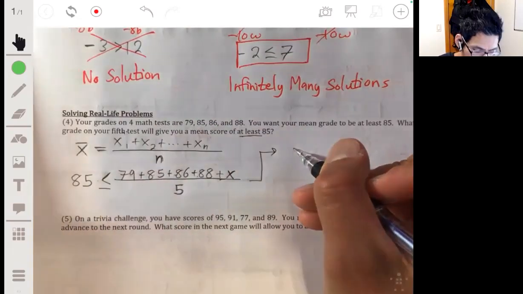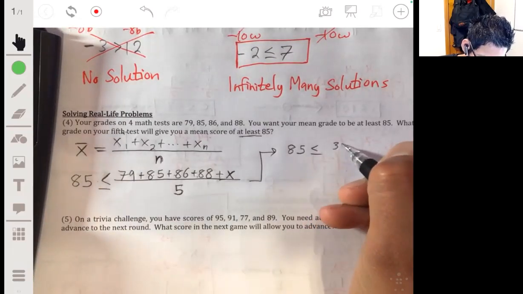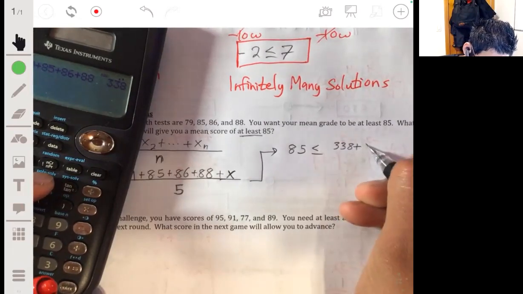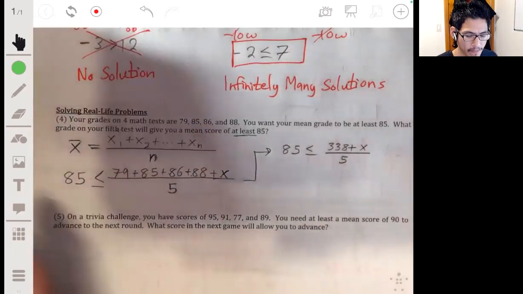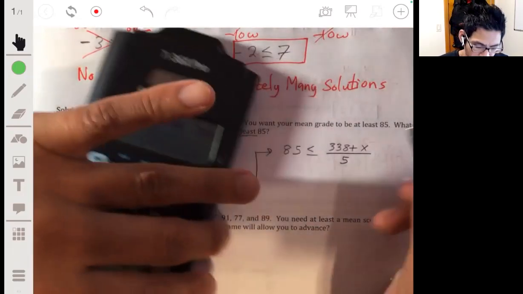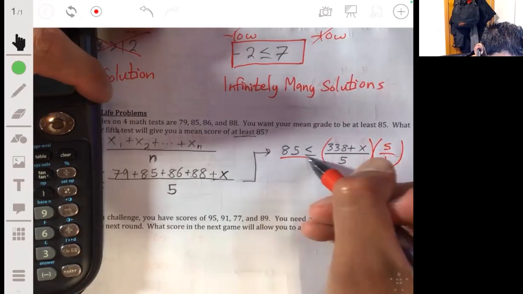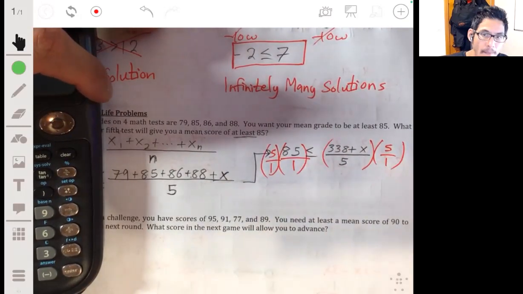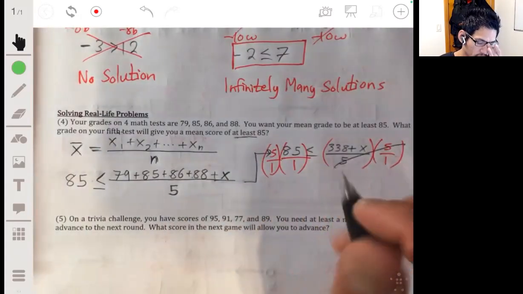You get 338, so you get 85 is less than or equal to 338 plus x over 5. Then to get rid of this 5, you're going to multiply both sides by 5 over 1. These cancel, and 5 times 85, 425, right?